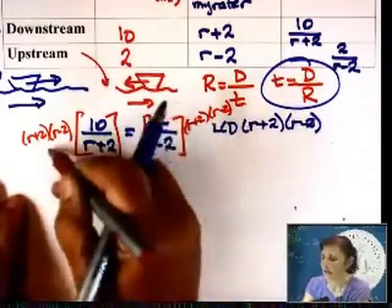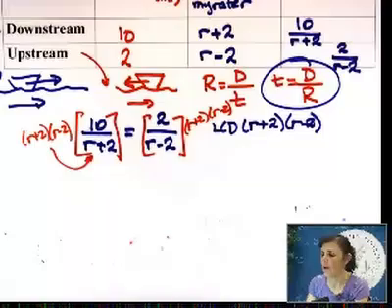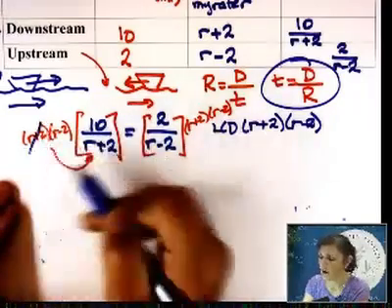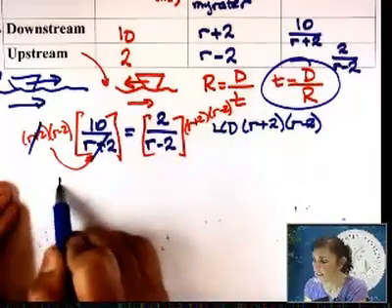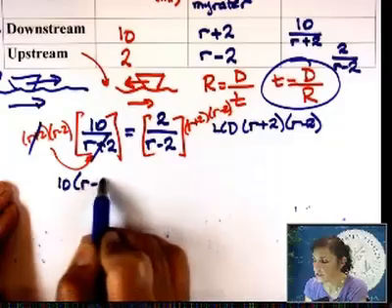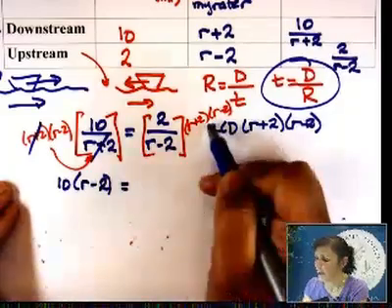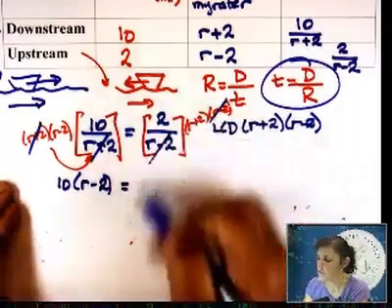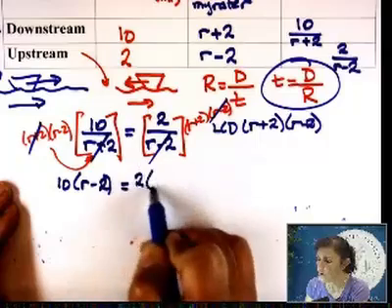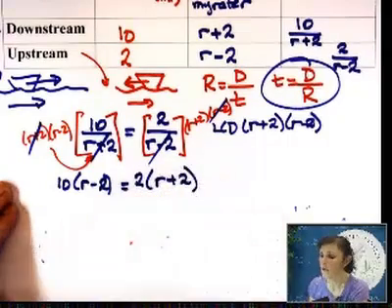Okay, now let's fold this up. When I do that, these R plus 2's will go. I'll have a 10, R minus 2 on the left. And on the right, these R minus 2's will go, 2, and R plus 2 will stay.